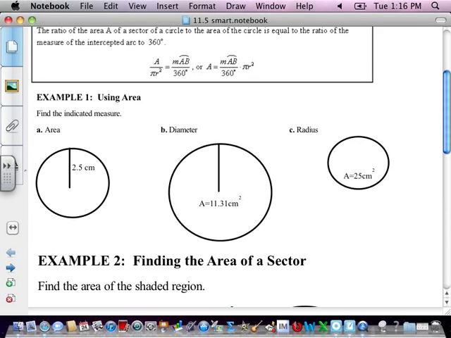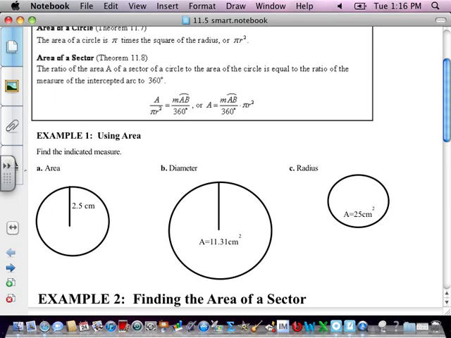Wait, Miss Berkeley. You said the angle of the sector or the arc? So, the arc. We've got the area of the sector over the area of the circle equals the angle of the arc over 360. The angle of the sector and the angle of the arc.